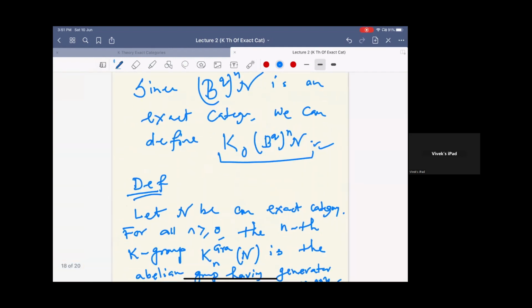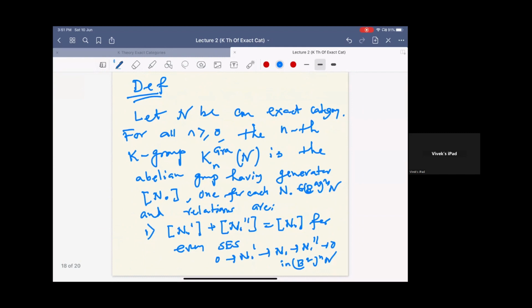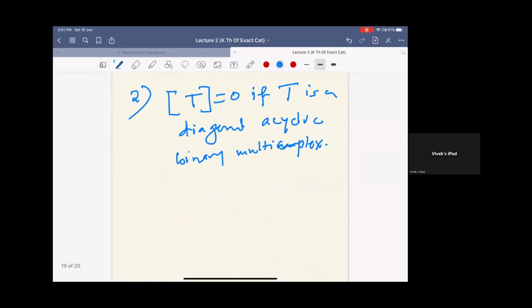So Grayson defined higher K groups in the following way. It's a free group generated by each of the objects modulo these two relations. The first relation is the same as the K0 group, and he imposed one more relation that he considers all the diagonal multicomplexes as 0 in this group. Okay.